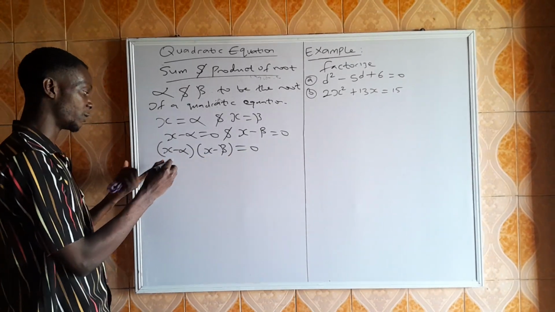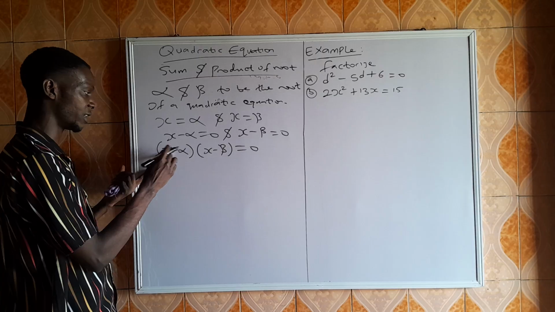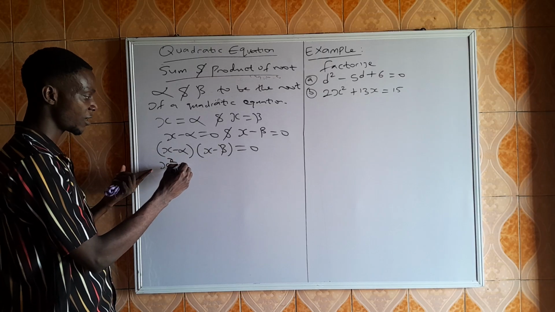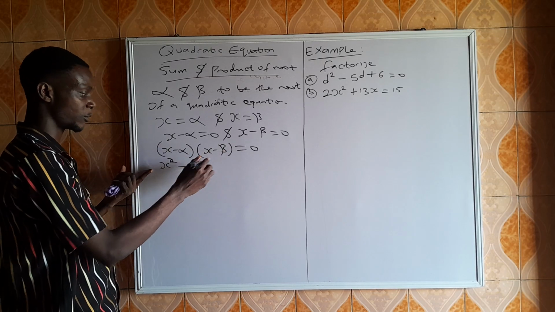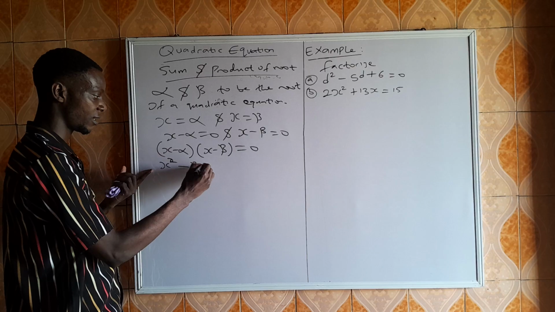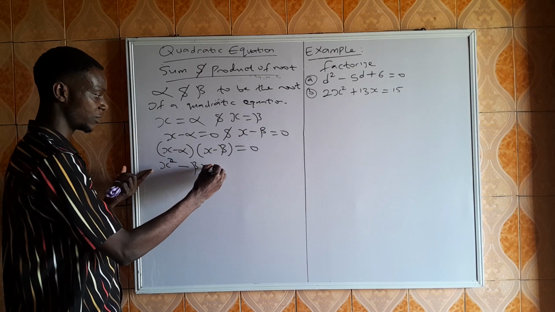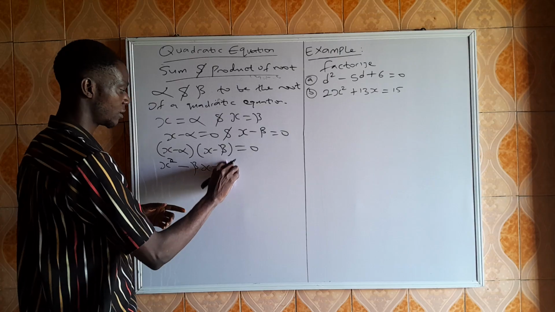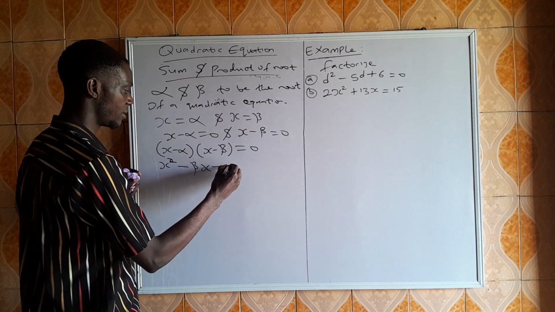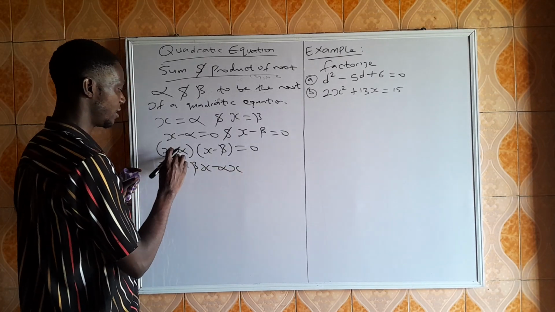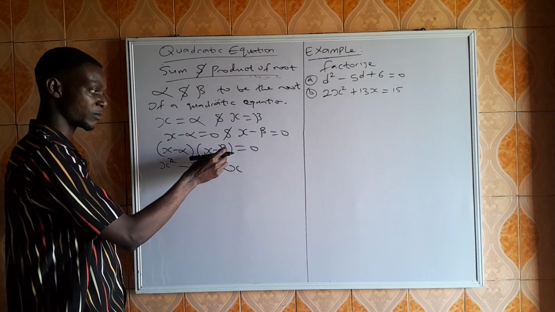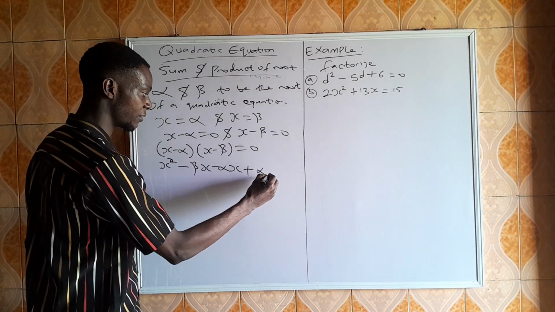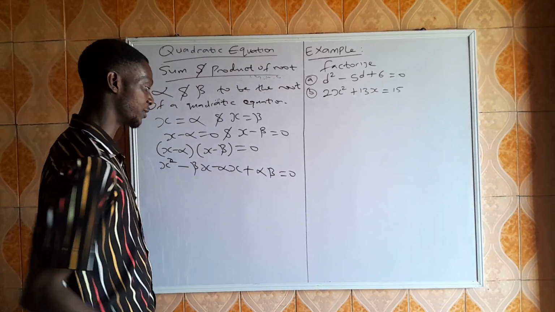When we expand this, we have s squared, which is s multiplied by s, minus beta s, then minus alpha s, then minus alpha multiplied by minus beta, so we have plus alpha beta equal to 0.